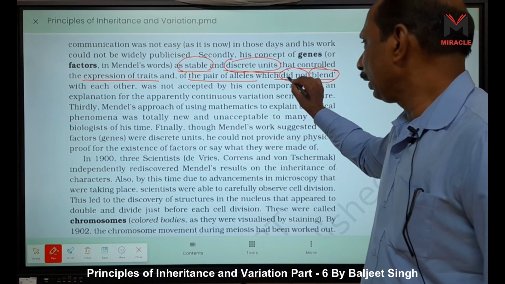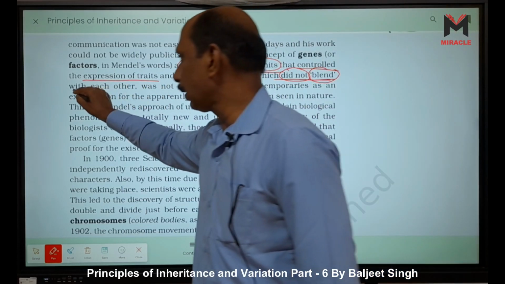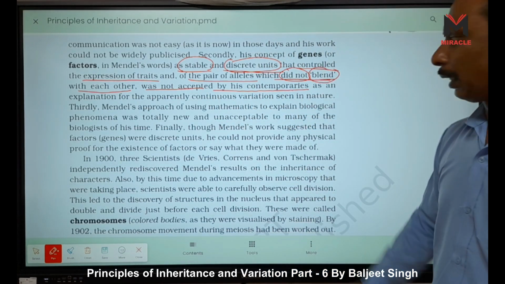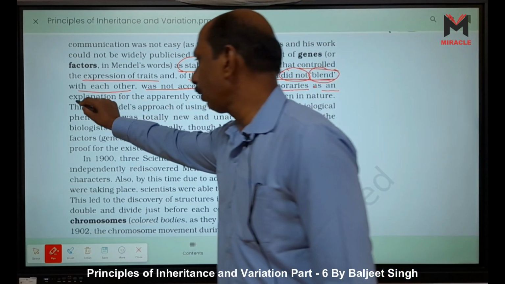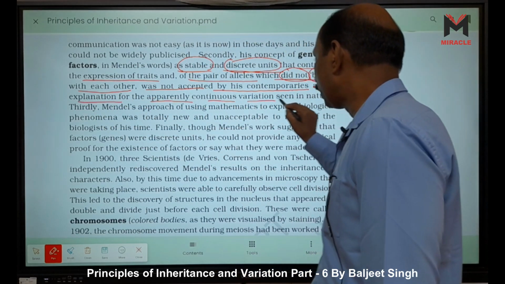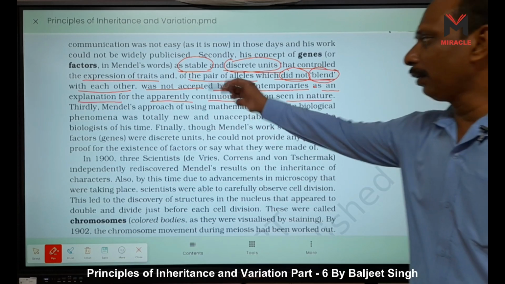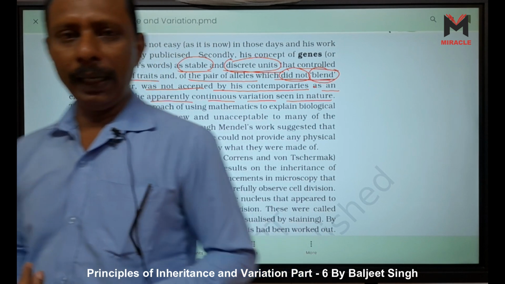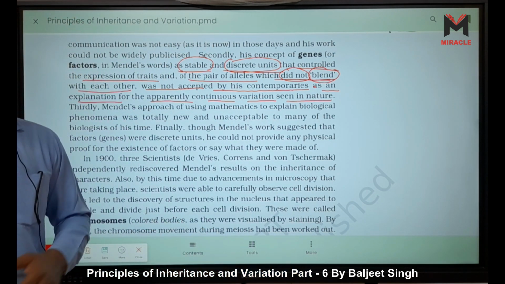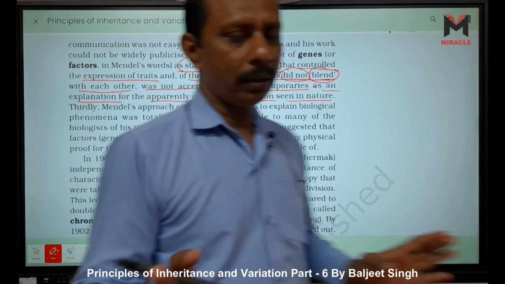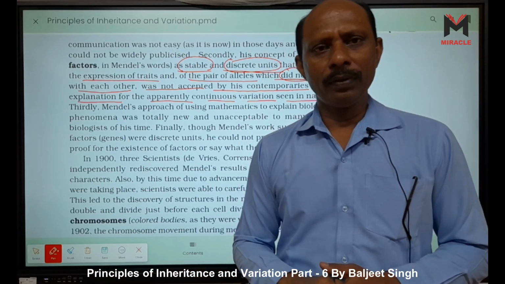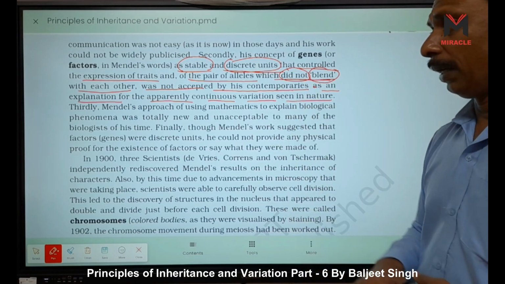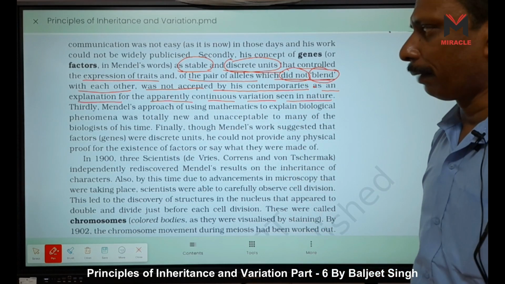But Mendel said they did not blend, which was not accepted by his contemporaries as an explanation for the apparently continuous variation seen in nature. They already saw continuous variation in nature and simply thought it was due to the blending of factors or genes. But Mendel said they do not blend with each other. That was not acceptable at that time.